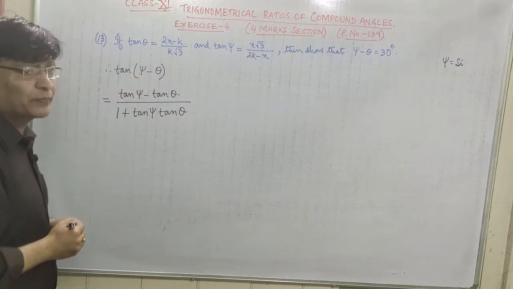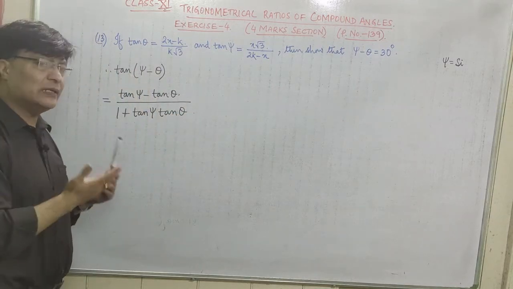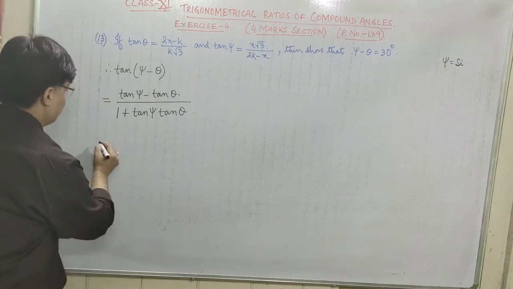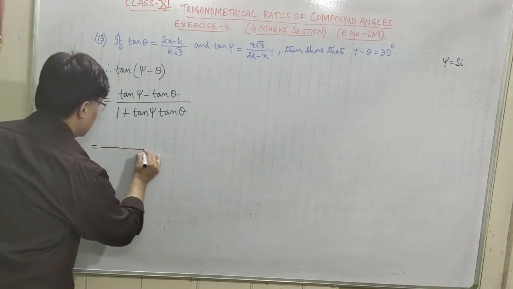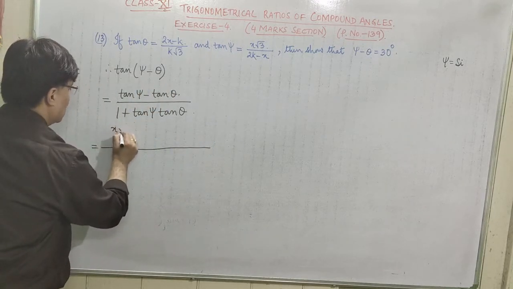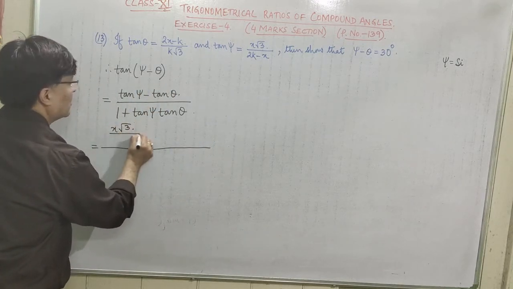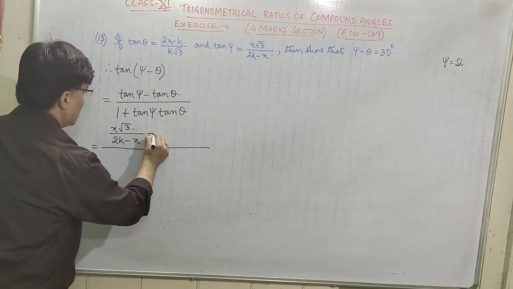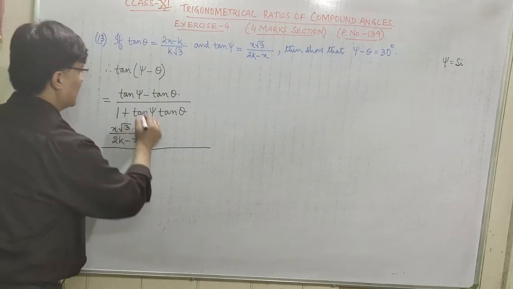Is that clear? So now in the next step, let us put the value for tan psi as well as tan theta. What is tan psi? It is x root 3 divided by 2k minus x, minus, what is tan theta?